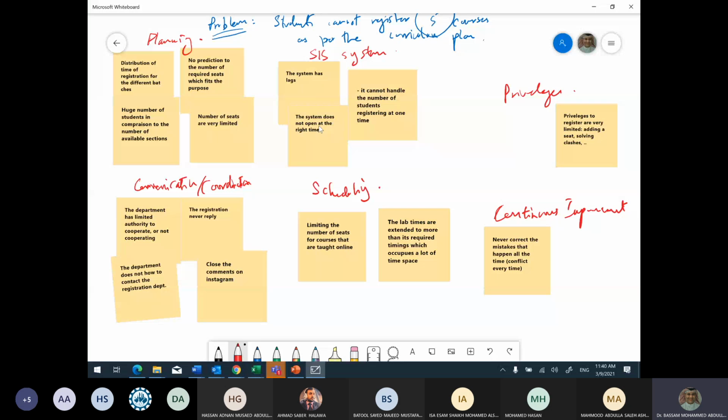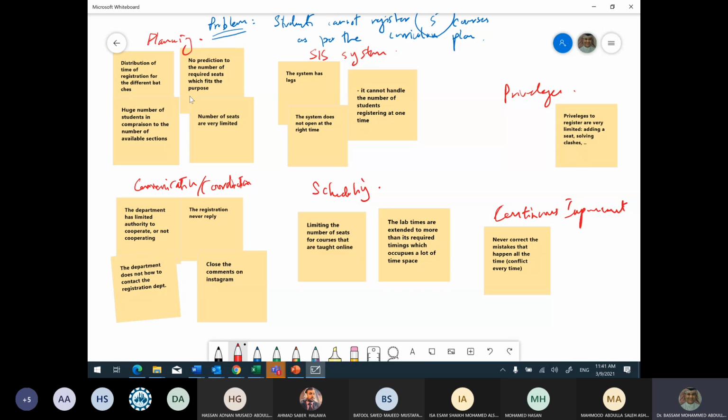It does not open at the right time. I don't know how they're going to fix it. But again, I think it's related to the speed, the bandwidth, the amount of data that it can handle. They add more servers, for example. They put things into the cloud. I don't know if this is a good idea or not. So this is all ideas, solutions.